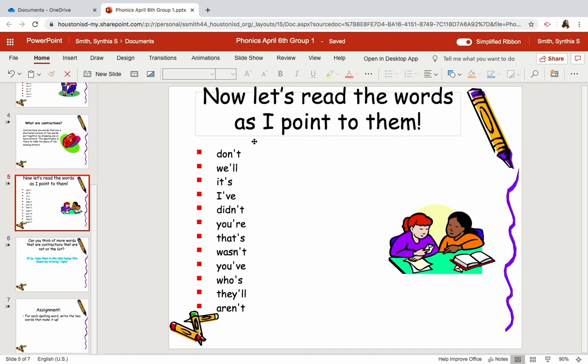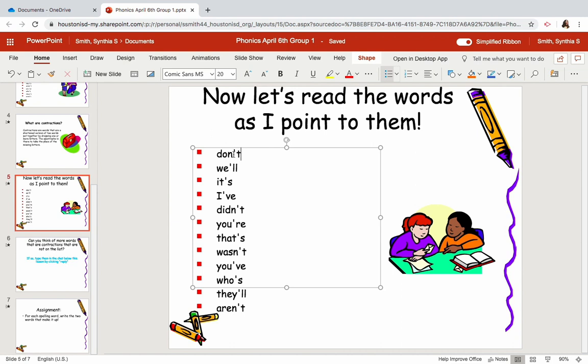Okay? So, we already said that when we see apostrophe T, that is standing for what word? Not. Okay? So, anytime you see apostrophe and T at the end, you know the second word in that contraction is going to be not. So, we have do not for don't. What would it be for wasn't? What would be the two words? We know because we have apostrophe T, the second word is going to be not.